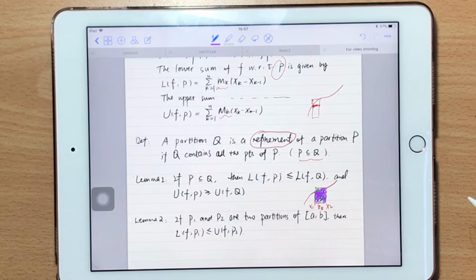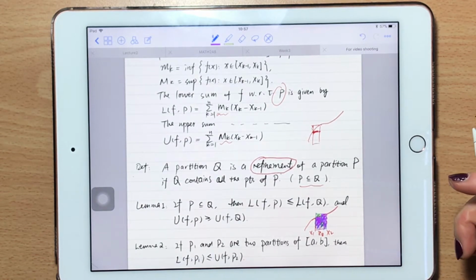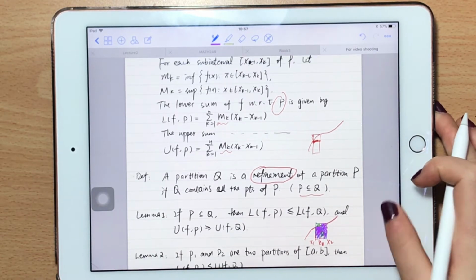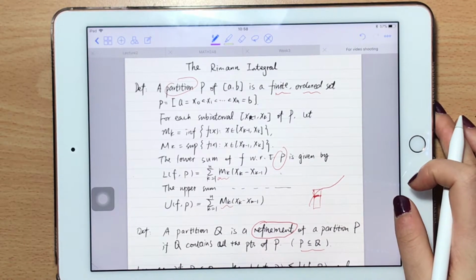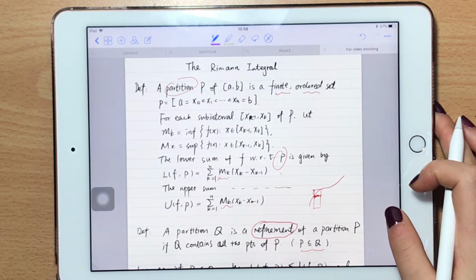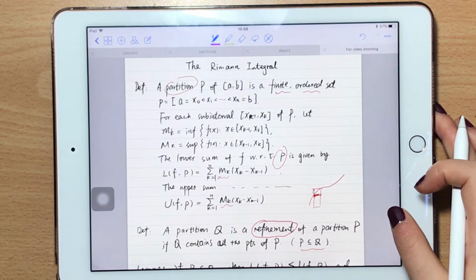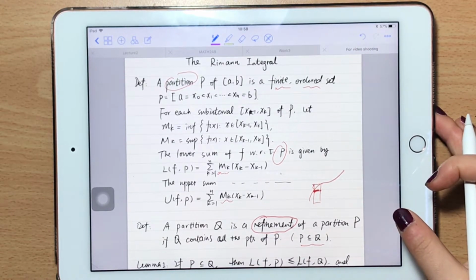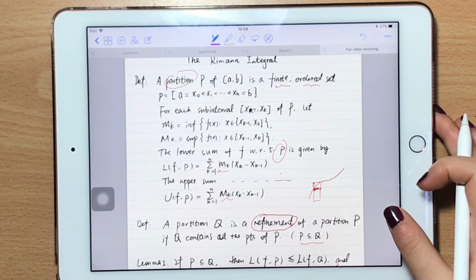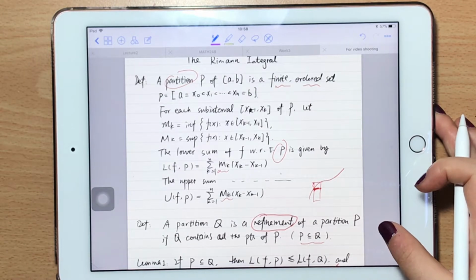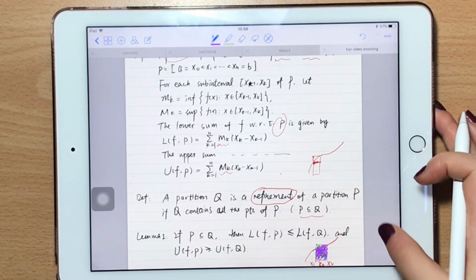And I think from this lemma and the definition of lower and upper sum, we can almost guess the definition of the Riemann integral, or when we can say that the lower and upper sum are extremely close to the real integral, when the lower sum and upper sum are so close that they almost get together to one point or one value at each subinterval, right?